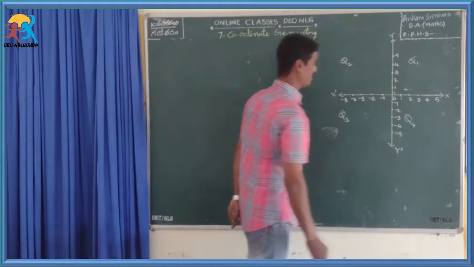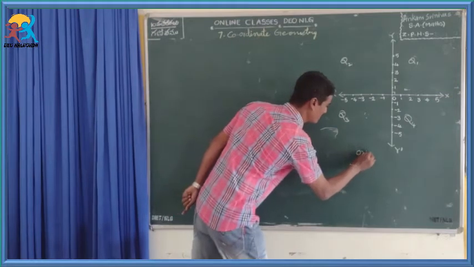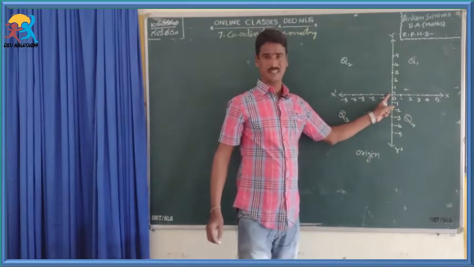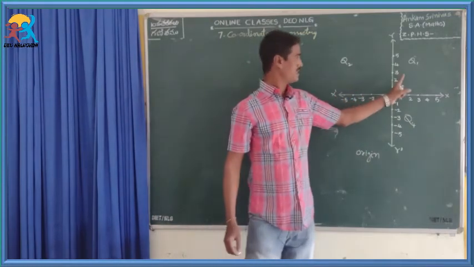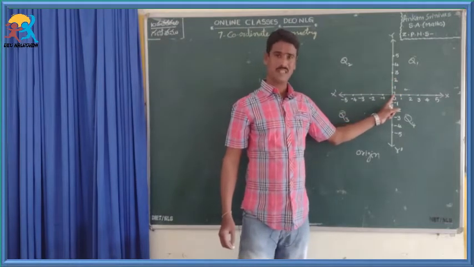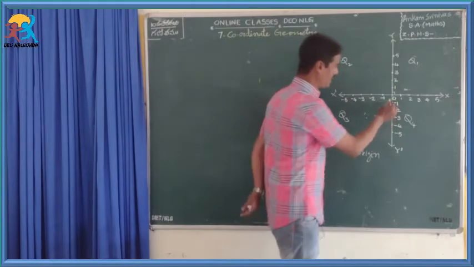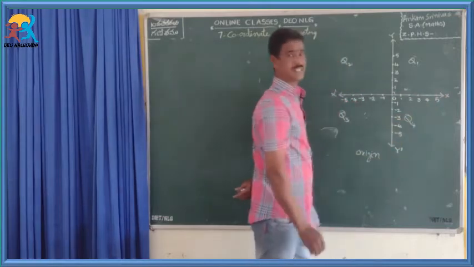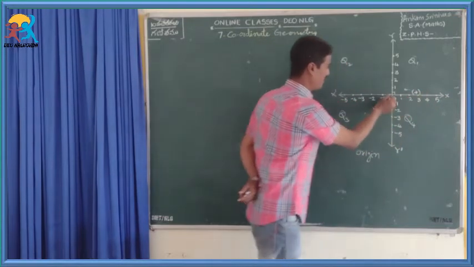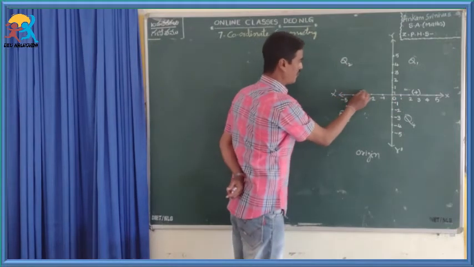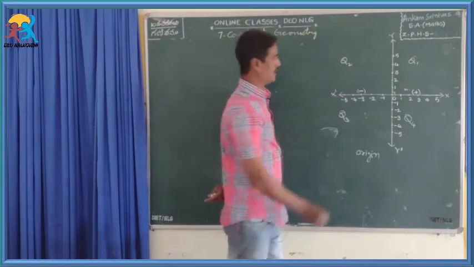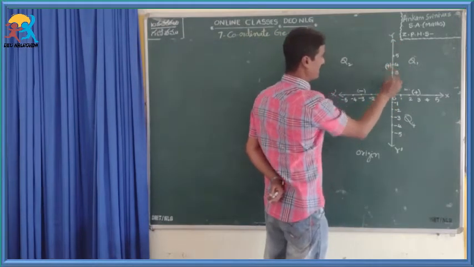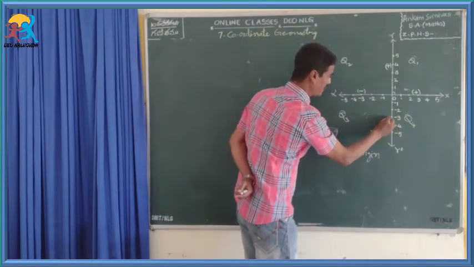This is the origin, O. From the origin, the right side is called the positive x-axis, and OX dash is the negative x-axis. The upward direction is the positive y-axis, and the downward direction is the negative y-axis.